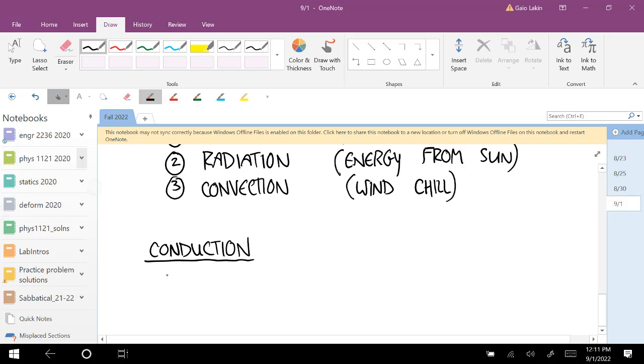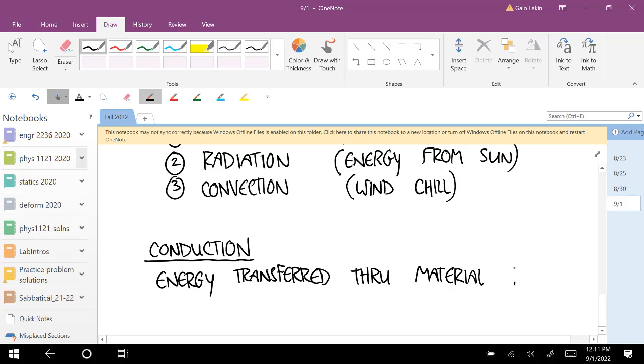Conduction is energy transferred through a material, particle to particle, without the particles changing location.